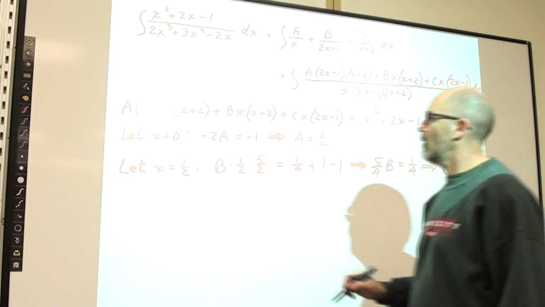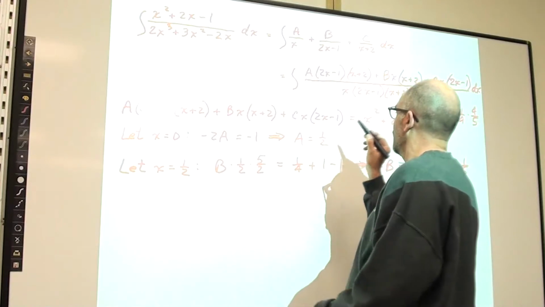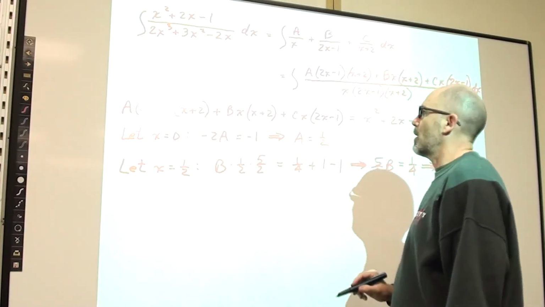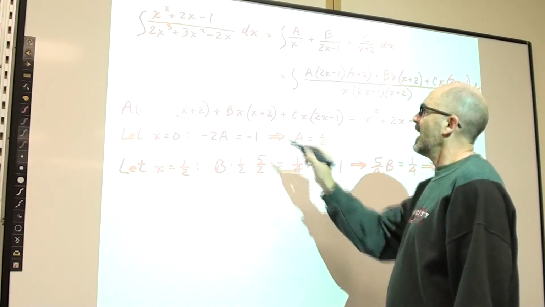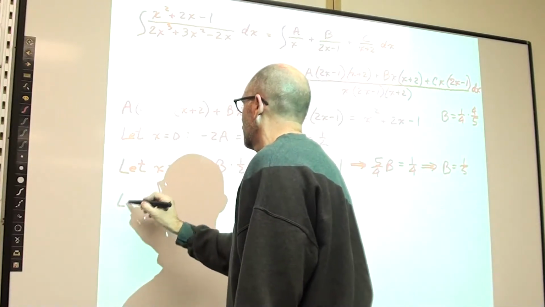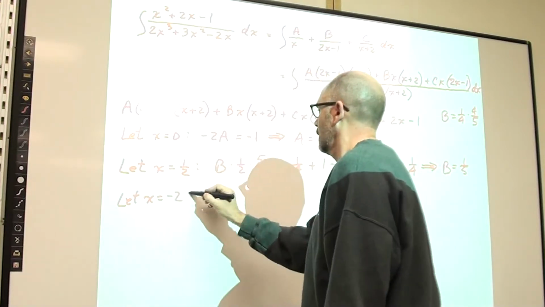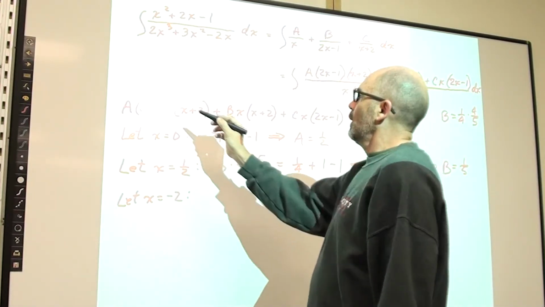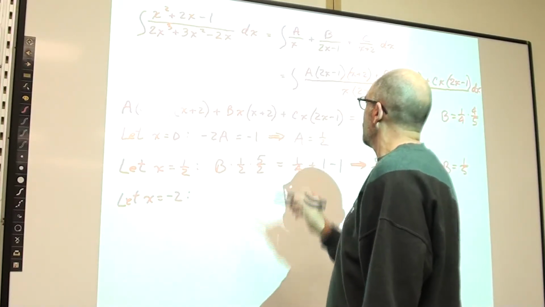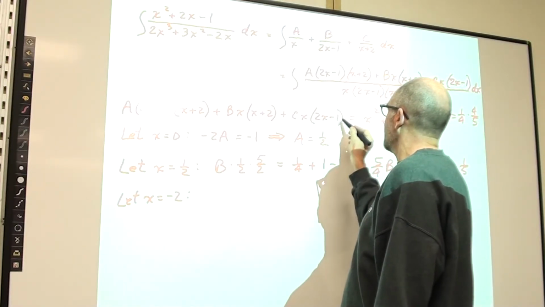Okay, now we need to find c. That means we need to let a and b drop out. So if we let x equal -2, a and b drop out. Okay, so if x is negative 2, there is no a, there is no b, but we have c times negative 2 times negative 5.